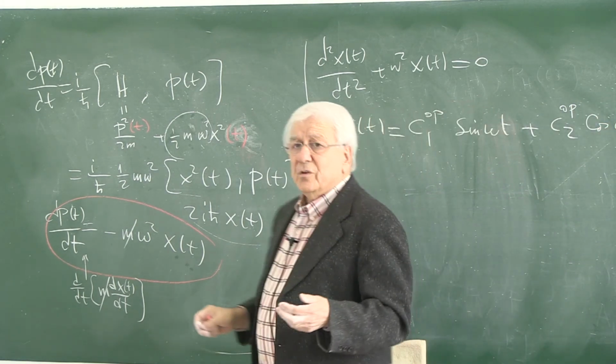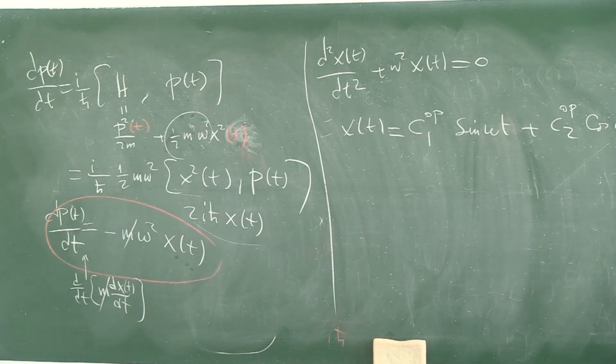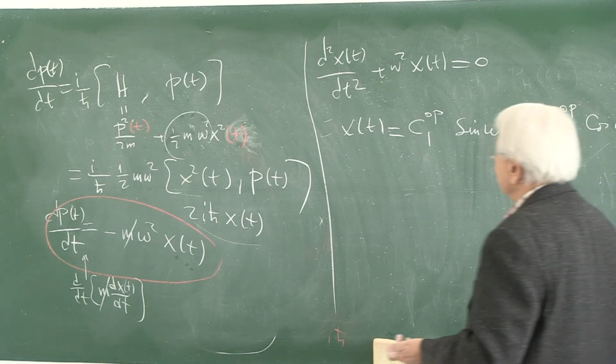If you want, you could write them as exponentials, plus and minus e to the i omega t, e to the minus i omega t, and decompose e to the i omega t as cosine omega t plus i sine omega t. So it's simple mathematics, nothing to it.